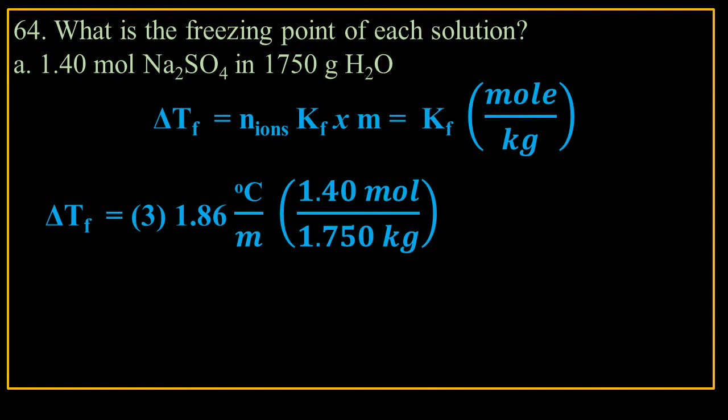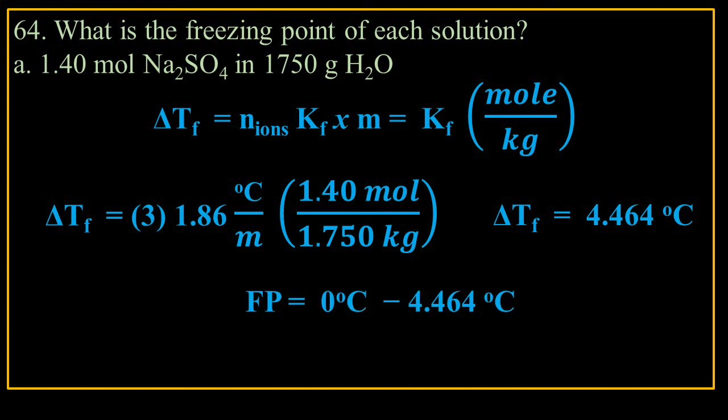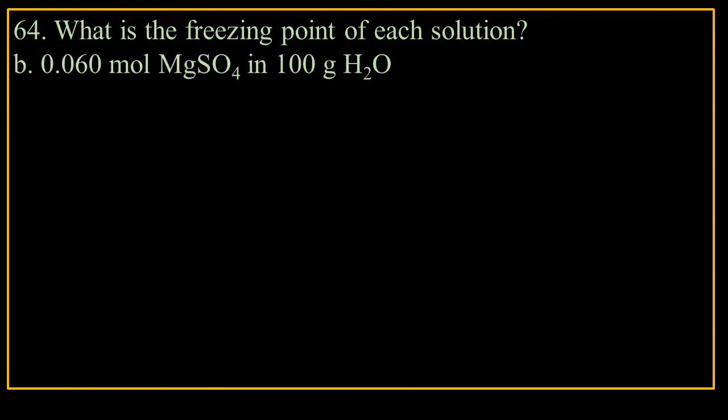And then you want to multiply it out. 3 times 1.86 times 1.4 divided by 1.750 equals 4.464 degrees Celsius, and then it will be negative 4.464 degrees Celsius, which would be the new freezing point of the solution with 1750 grams of solvent. So the new freezing point is negative 4.464 degrees Celsius.